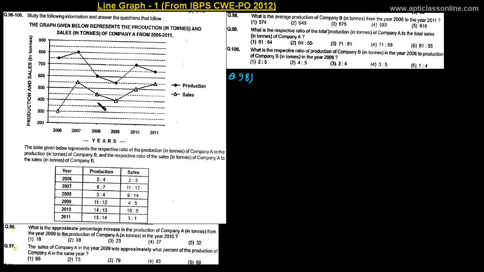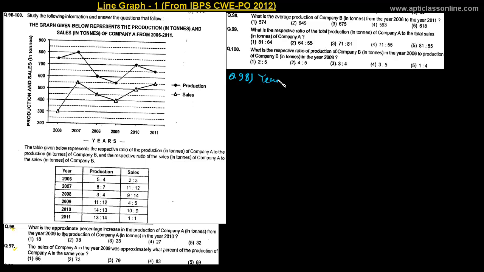2011? So as you have seen these graphs, this line graph represents the production and sales of company A, but in this data table the ratio between the production and the sales of company A and B is given. So with the help of this data table only, we will calculate the production of company B from the year 2006 to 2011.